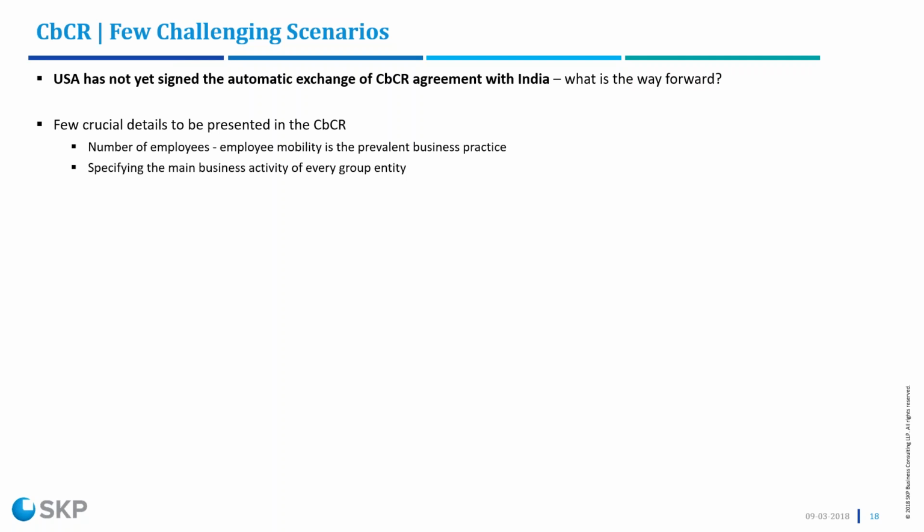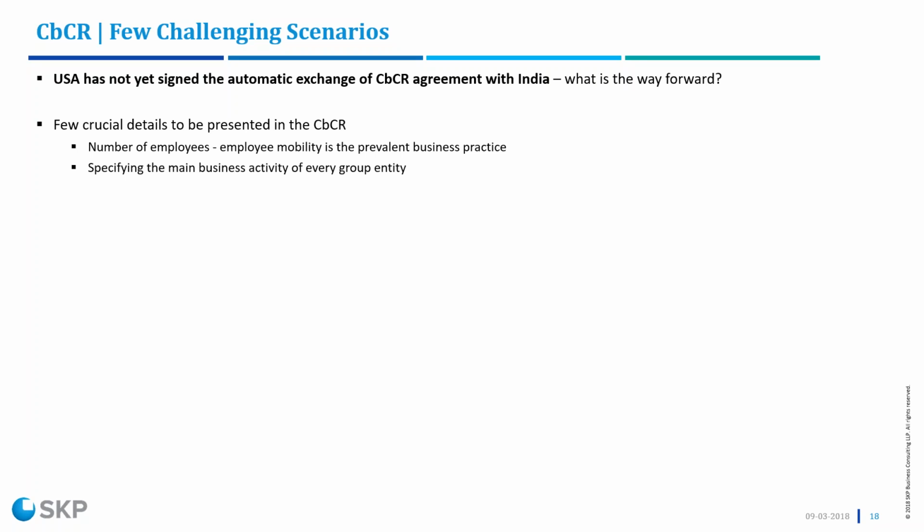Yeah. So I think the biggest challenge that we faced in CbCR was getting the employee data, because given in the services sector and given in the IT sector, employee mobility is very, very prevalent for us. So we have employees on deputation, we have employees on short-term business travel, on general business travel.